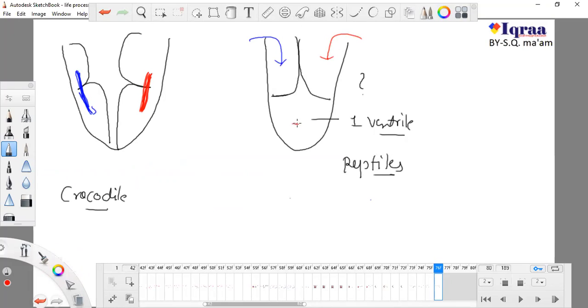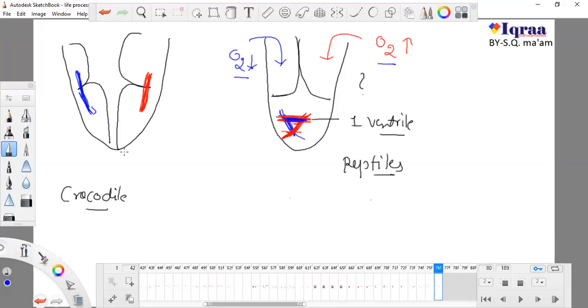Now what about this chamber? What happens exactly is that pure and impure blood get mixed here in reptiles. If the pure and impure blood get mixed here, then what is the need of sending blood to the lungs to bring oxygen rich blood, because this is oxygen less and this is oxygen rich?